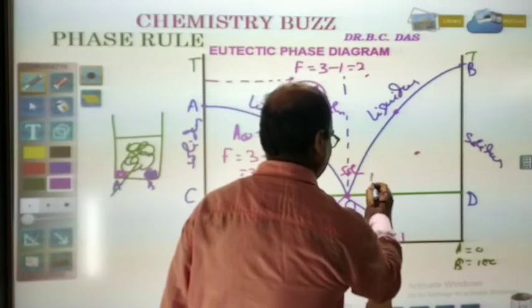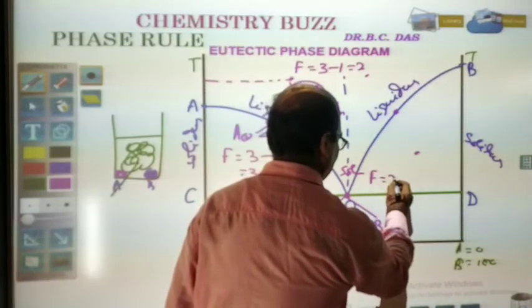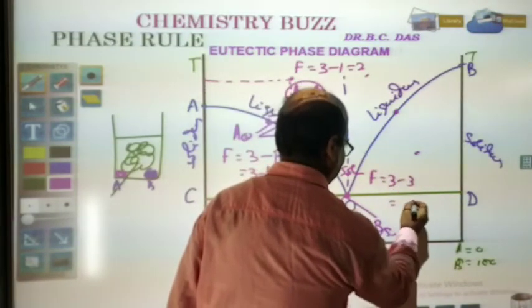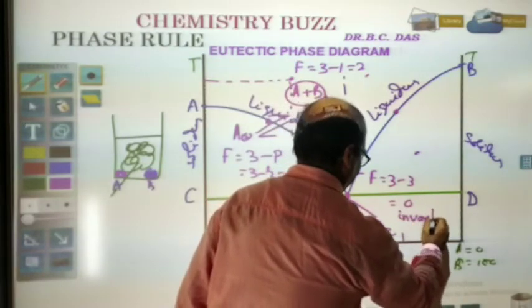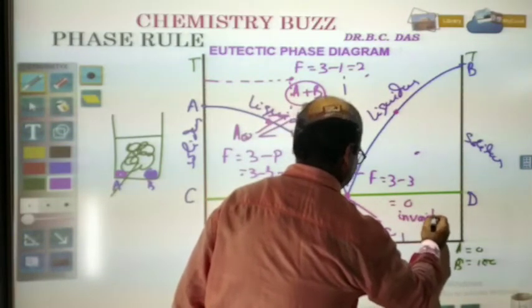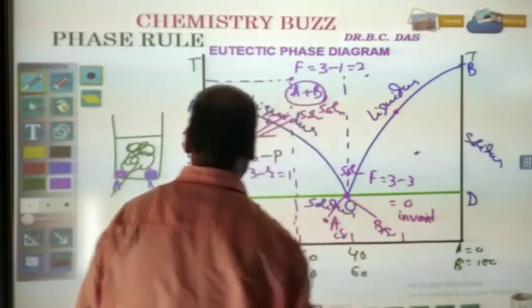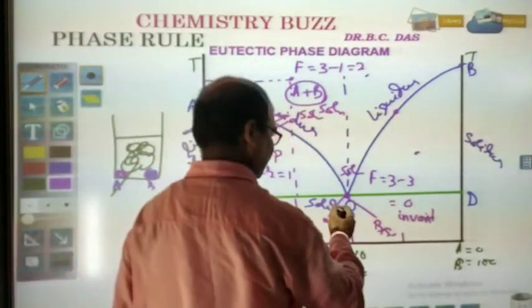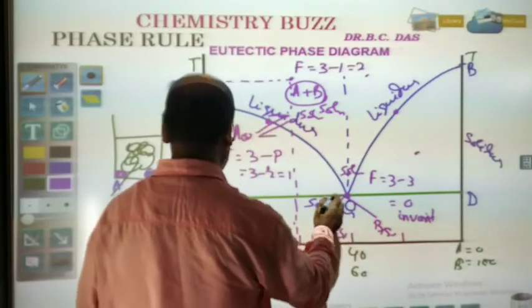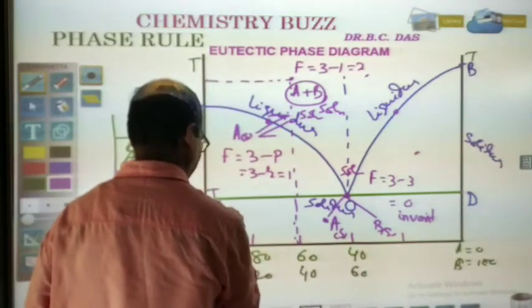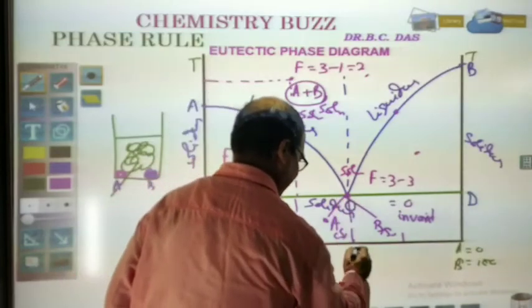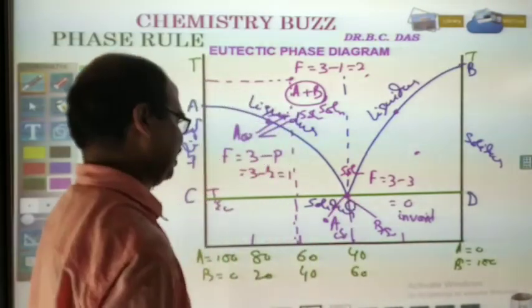So the degree of freedom at this point is equal to 3 minus 3, equal to 0. So this is invariant. This invariant point is fixed. It is not required to explain. Its eutectic temperature and composition are already fixed.